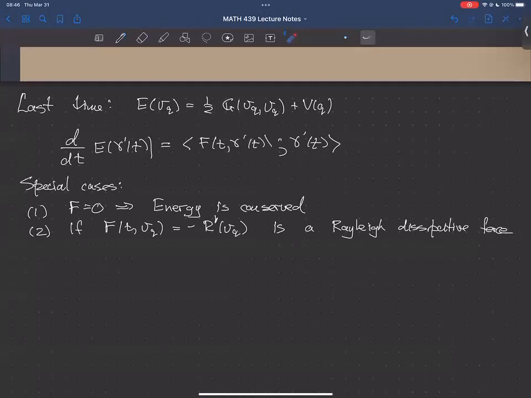And so remember what that meant. That meant that R is a symmetric bilinear mapping, and it's positive semi-definite. That's what it means to be a Rayleigh dissipative force.